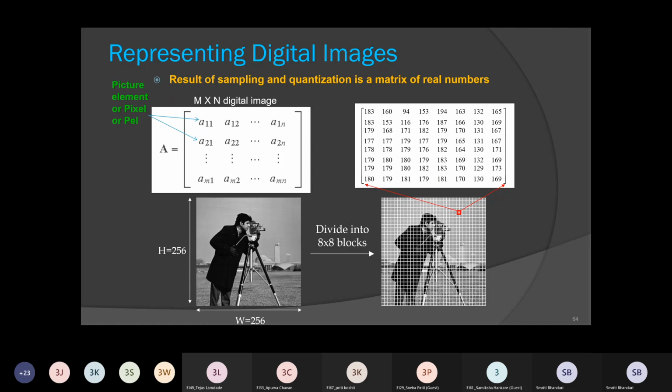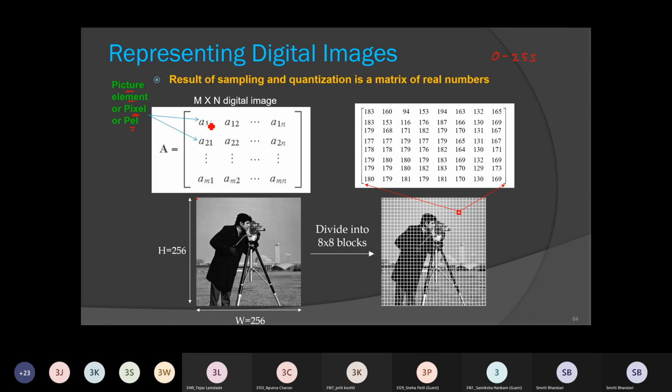With this, we are going to conclude today's session. After sampling and quantization, whatever we are getting is such a matrix, having values in the range 0 to 255 for a grayscale image. Each individual point of the image is known as a picture element, or a pixel, or a pel.